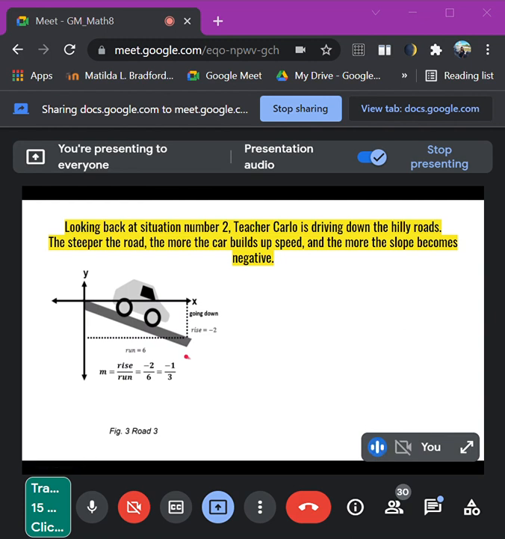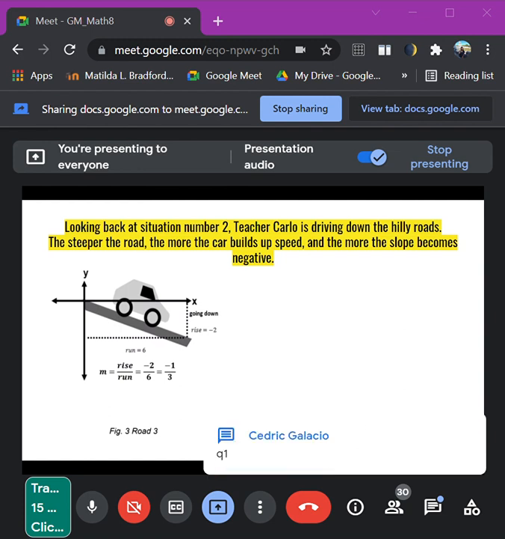So, as you can see, it is negative, class, because it goes downward. Right, this is in which quadrant? Which quadrant is this, class? If your y is negative and your x is positive, quadrant 1?